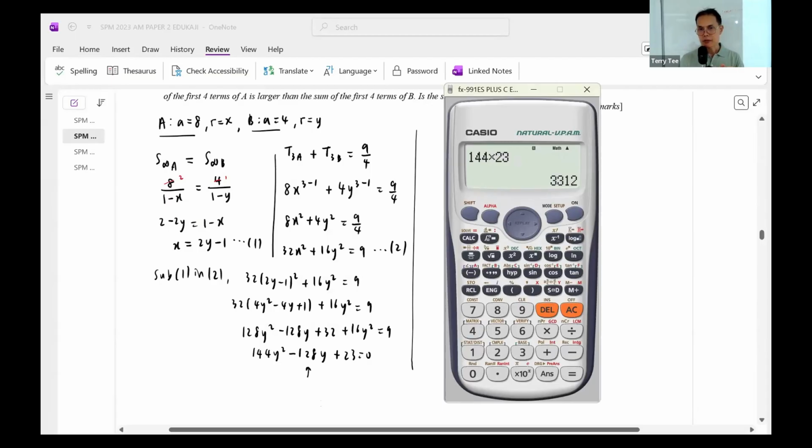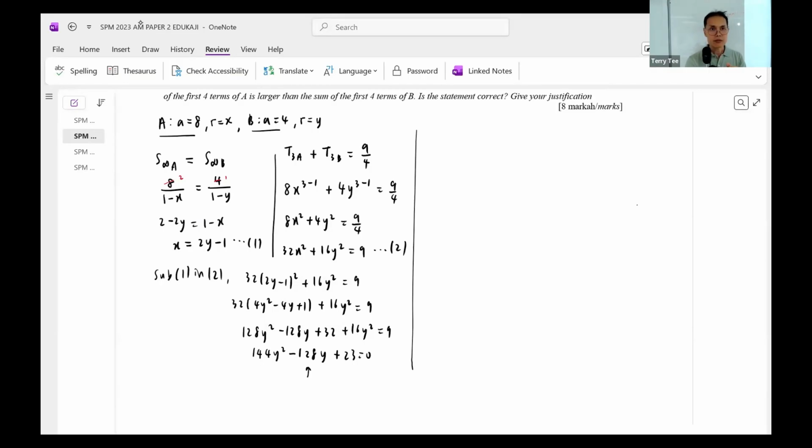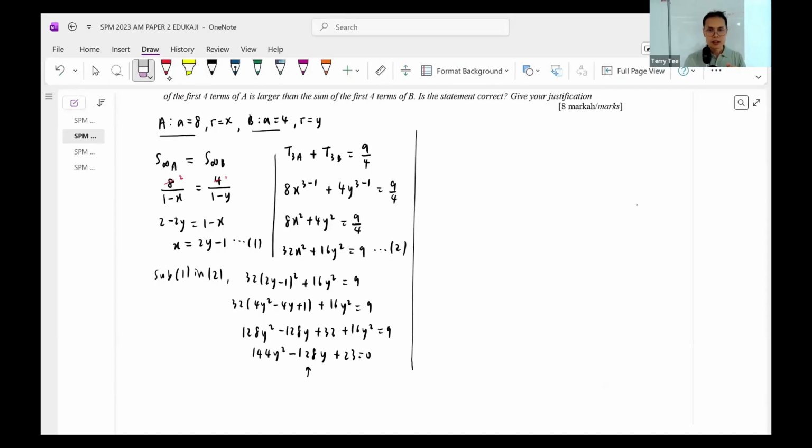You divide by, let's say, 23 times 2 is 46, 23 times 4 is 92. 92 plus 36 is 128, sorry. So that means we can factorize this. If you can't do this, you can use the quadratic formula to solve for y.